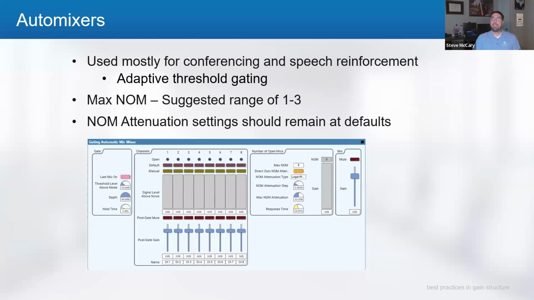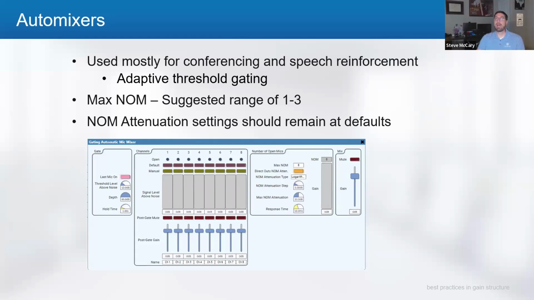When you are dealing with either recording scenarios or conferencing scenarios, we always recommend that you leave the last mic on. The reason for that is if you turn that feature off and no one is talking in the room, people on the far end may think they got disconnected because they will just literally hear nothing coming through.